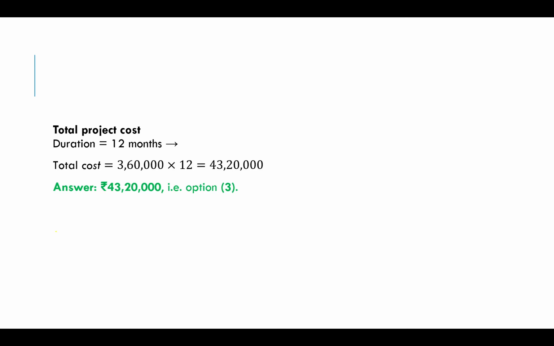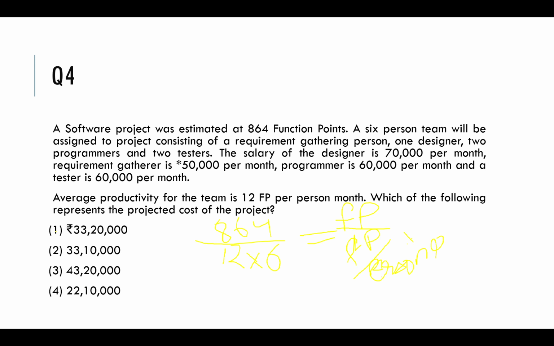To summarize, functional point analysis is a method to measure the size of the software based on its functionality and is also used to calculate the estimated cost, where we calculate it using salary if the salary or the total is given, but mainly it is used for calculating the size of the software.